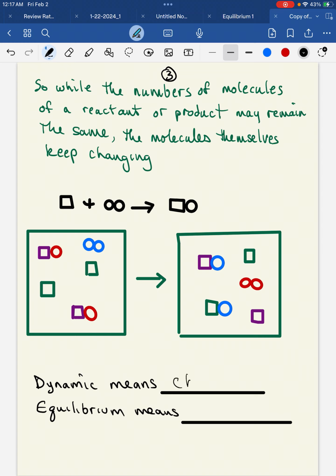Dynamic means changing. In music, they have dynamics, which is how the volume generally changes. It goes louder or softer. And then equilibrium means the same. So everything's the same, but it keeps changing. So that's what is meant by dynamic equilibrium.